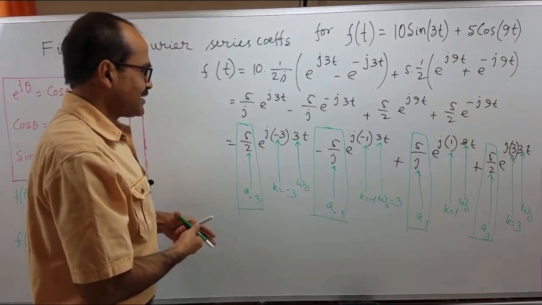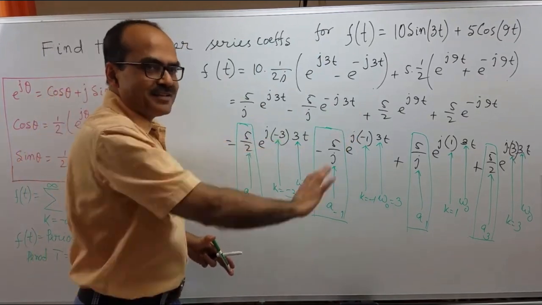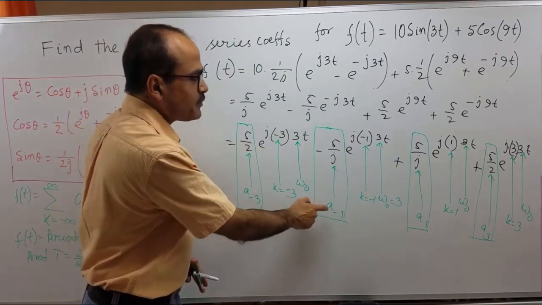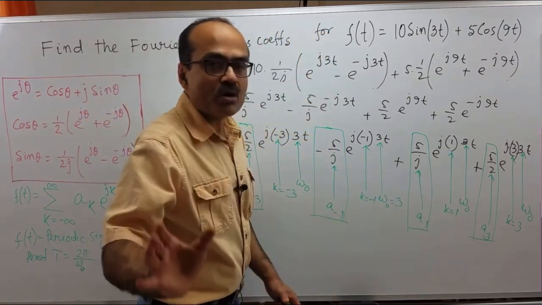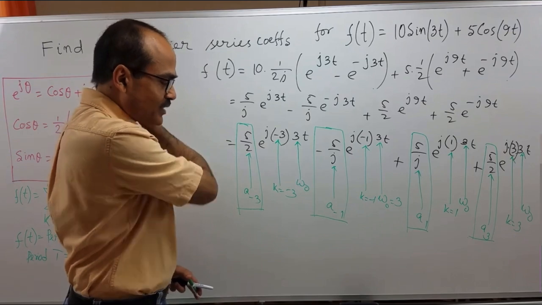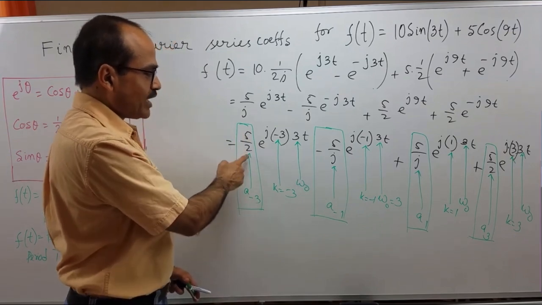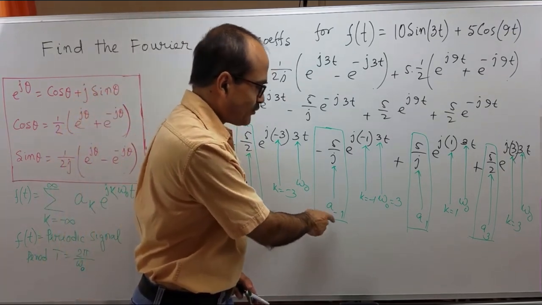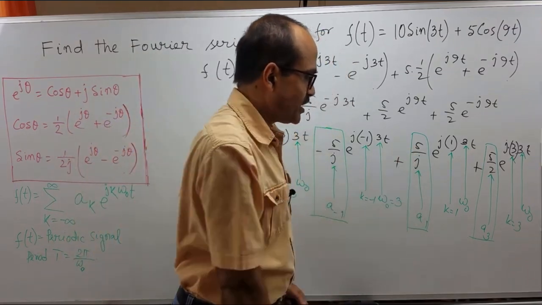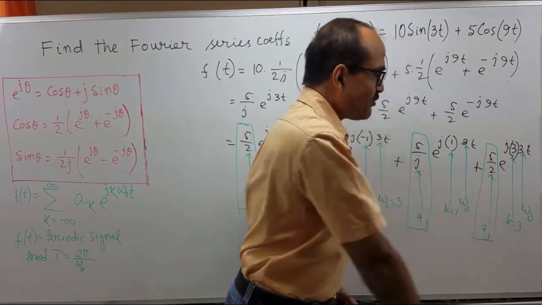So this is an infinite series which has only 4 non-zero coefficients. The non-zero coefficients are a sub minus 3 equal to 5 over 2, a sub minus 1 equal to minus 5 over j, a sub 1 equal to 5 over j, and a sub 3 is 5 over 2.